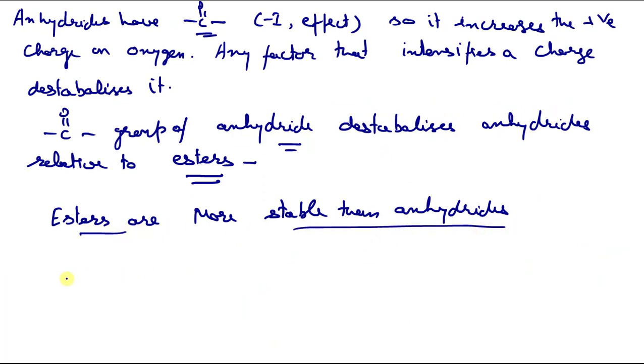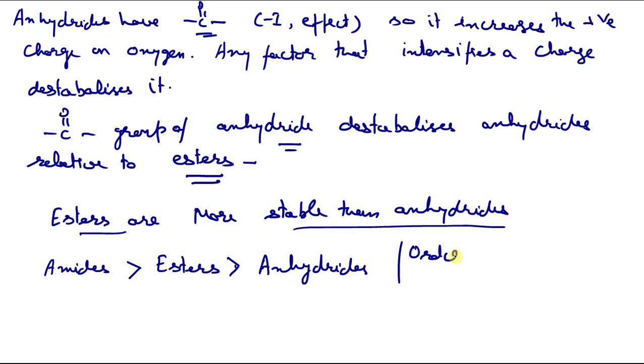So until now what we know is that amides are more stable than esters, and esters are more stable than anhydrides. This is the order of stability.